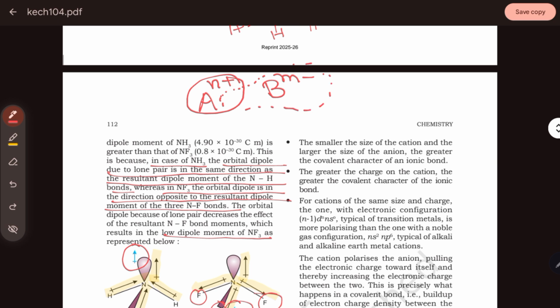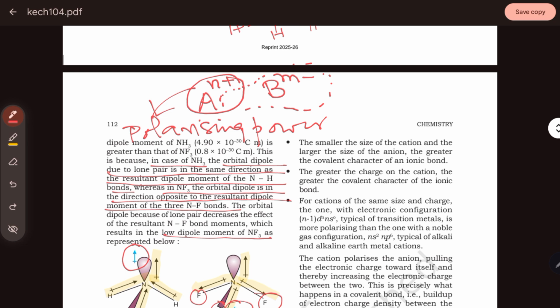So there occurs a distortion of the electron cloud that existed between the cation and the anion. The power of the cation to cause this distortion is known as the polarizing power. The polarizing power is of the cation. That means the power to distort the electron cloud more towards itself.